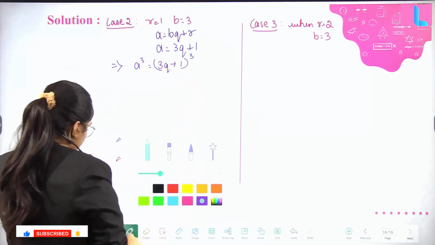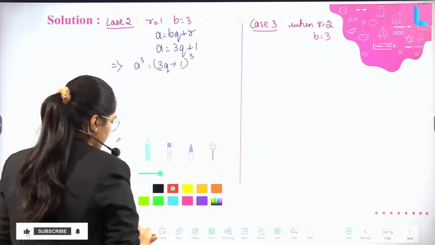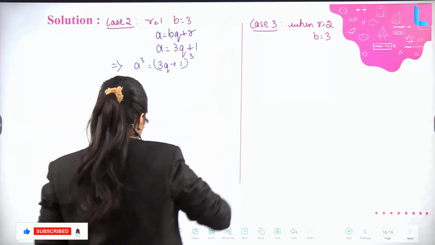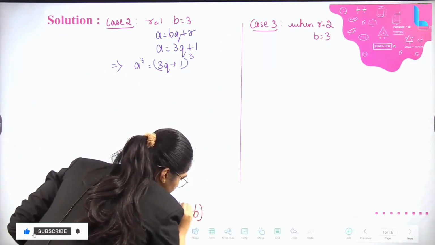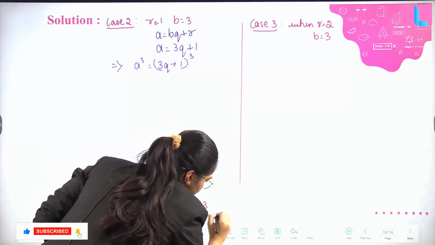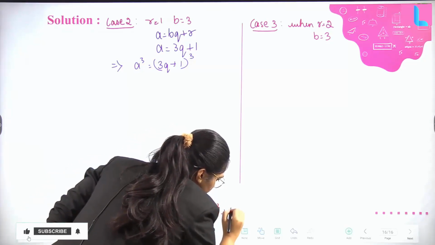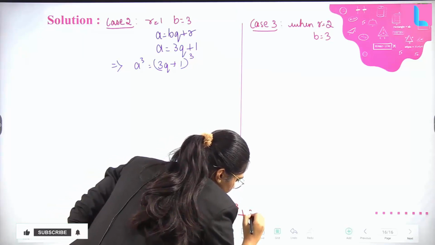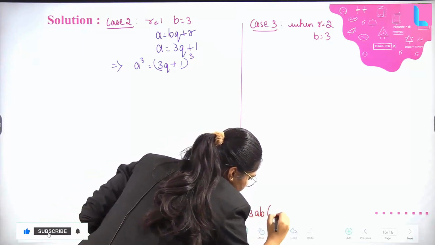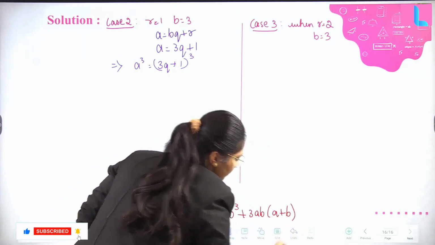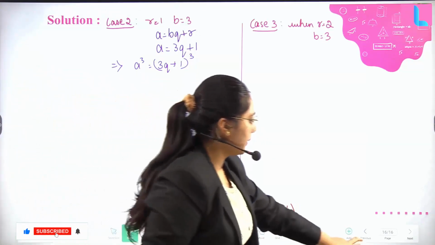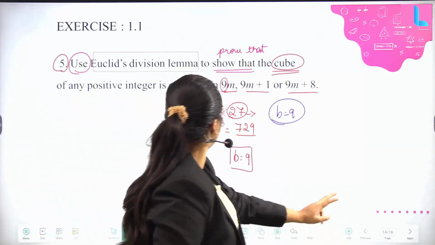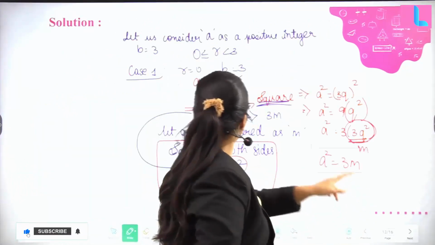What is the formula of a plus b the whole cube? Write it here. a plus b the whole cube is equal to a cube plus b cube plus 3ab into a plus b. This is the formula for a plus b the whole cube. In the previous question, a plus b the whole square was the formula we used.